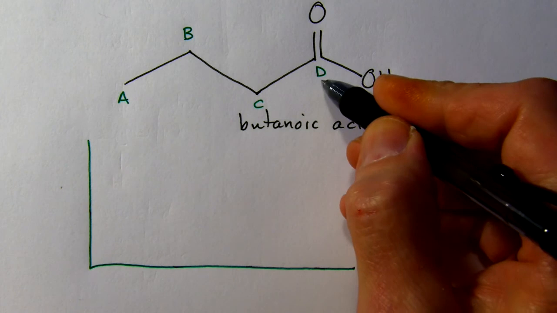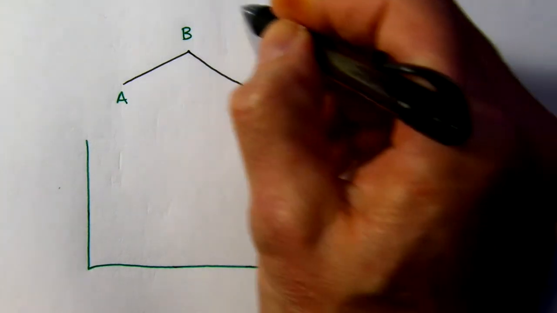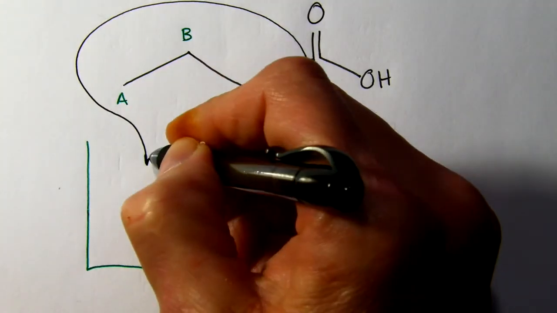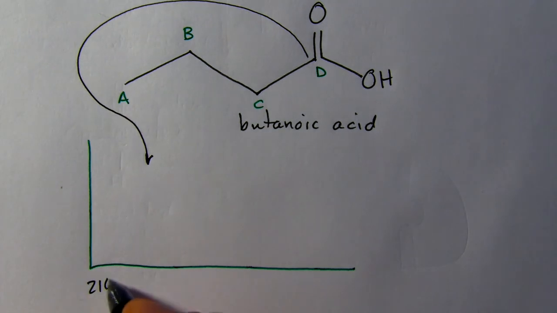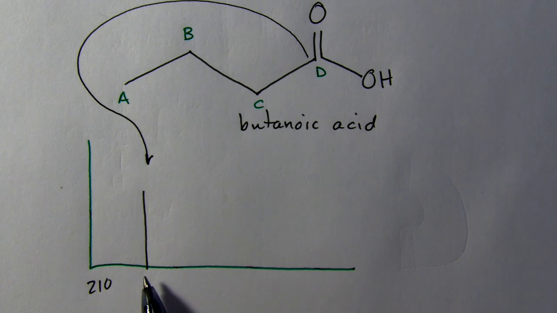Now this guy here, this D, he's probably going to go around here. Now I told you this is about 210. Okay? So that kind of carbon is most likely going to be down here. We have specific numbers for this. It might be 178.3. I'm just showing you the basic ideas.